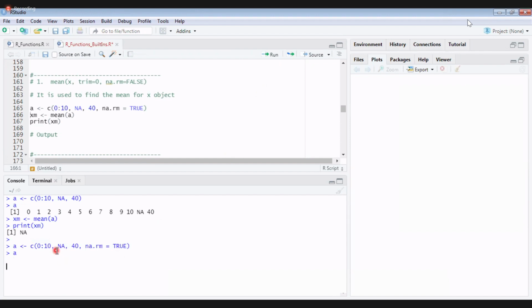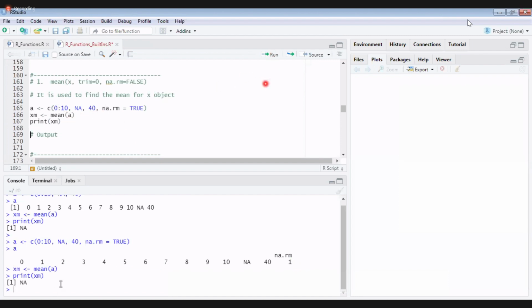Is NA there? Yes, NA is there. And what is it saying? Remove that. I have removed one NA. Now I calculate the mean. Okay, 1 second.